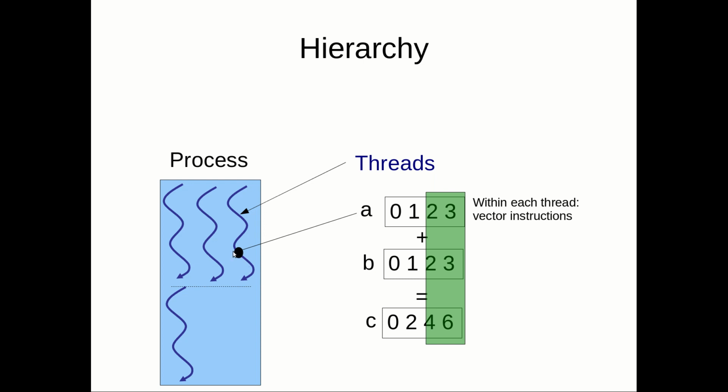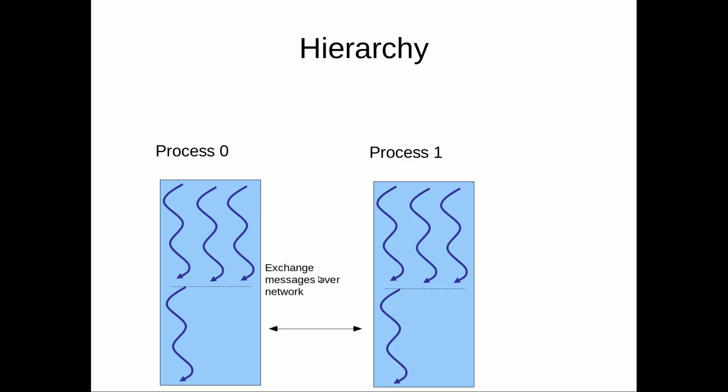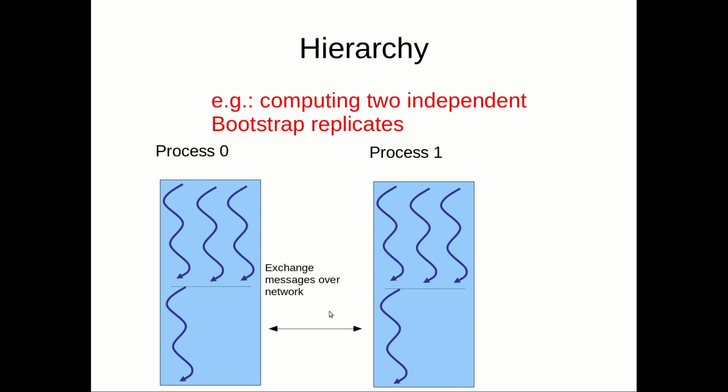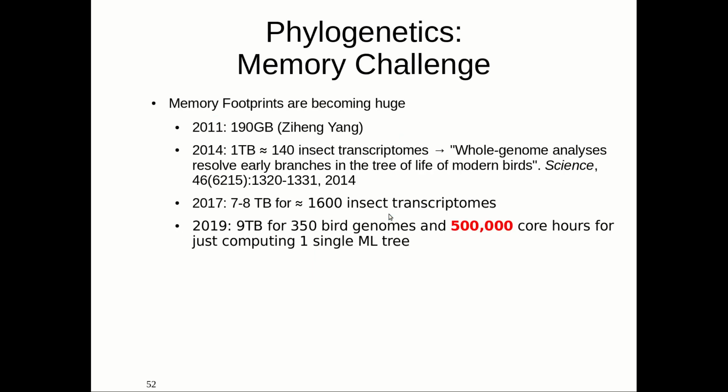Then we have thread-level parallelism. And then in the end, we have this MPI-based parallelism, or send-receive-based parallelism, where process 0 and process 1, both running a couple of threads and both executing vector instructions, are exchanging messages over the network. A very simple example is that those two processes are executing two independent bootstrap replicate searches.